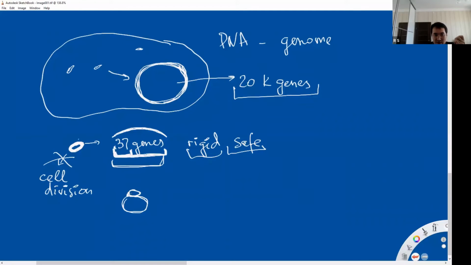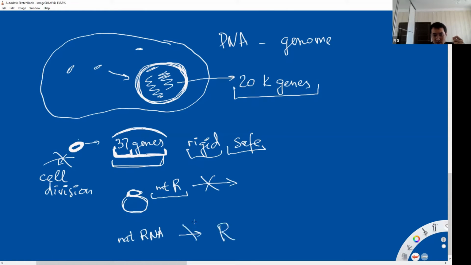If you give these mitochondrial ribosomes the messenger RNA from the nucleus of the cell, they will not be able to produce anything because they are not specialized for eukaryotic proteins and eukaryotic genes. And vice versa, if you give mitochondrial RNA to usual ribosomes, they will not do anything because they are not matching.